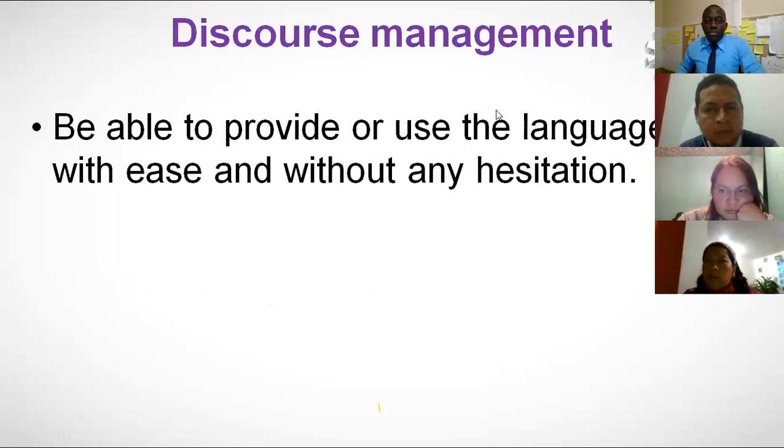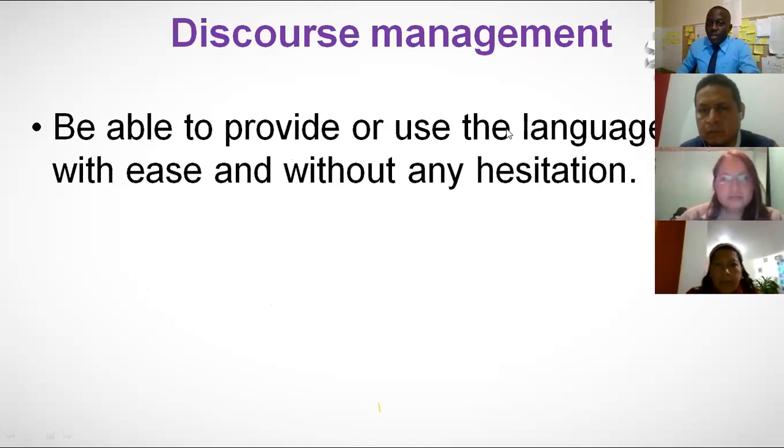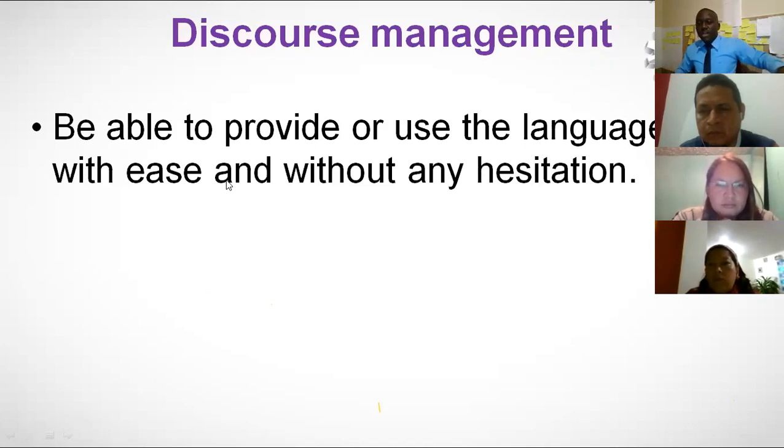Then we also looked at discourse management. Be able to use the language without any hesitation. I said they are almost the same, but they look at different things. Right now we are looking at discourse management. This one concentrates on using the language with ease, without you speaking one word, shying away, bringing another word and then shying away again.